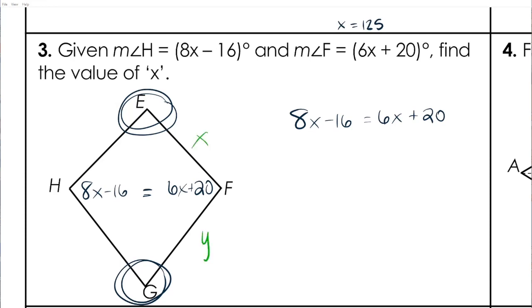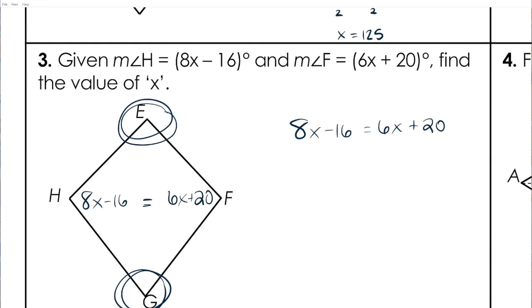The only thing we could possibly do is set them equal to each other. Like this would not be equal. Right? We would have to have these two. So for kites, we can use a little bit of our deductive reasoning to figure out what they want us to do.